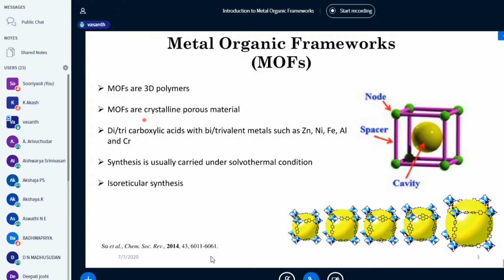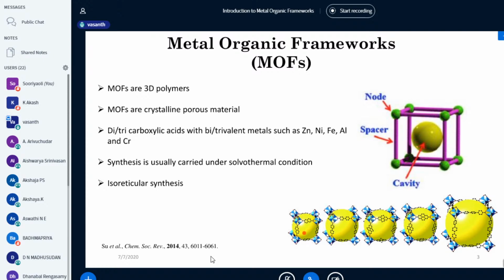These are usually synthesized in solvothermal conditions. A very important and interesting property of metal organic frameworks is isoreticular synthesis. The term isoreticular means retaining the same structure and enhancing its property. You can see a yellow diagram here, and this diagram conveys the isoreticular property.